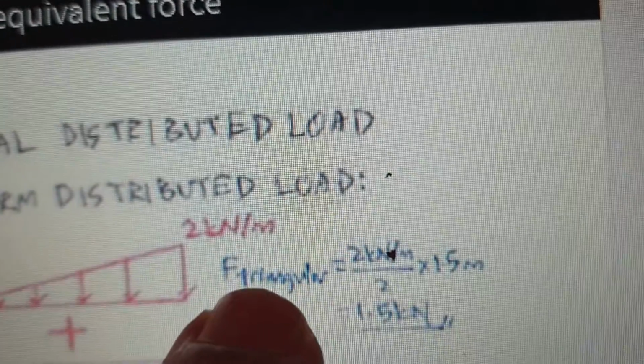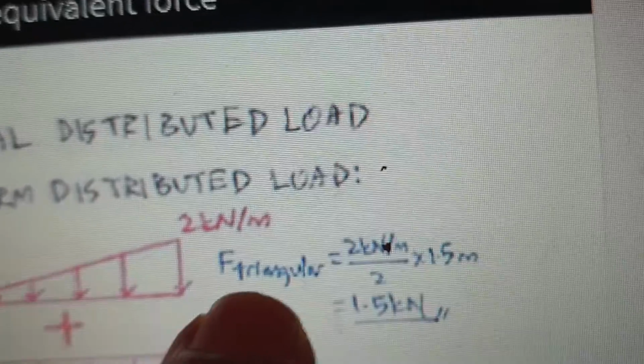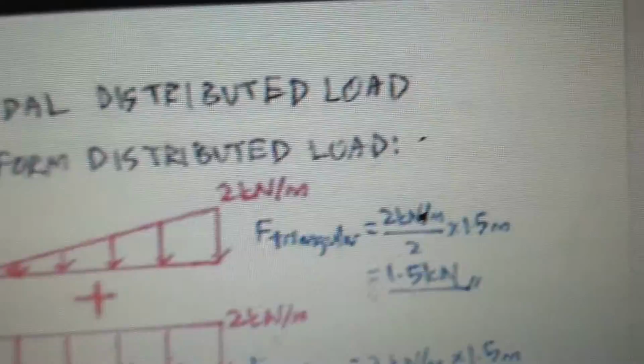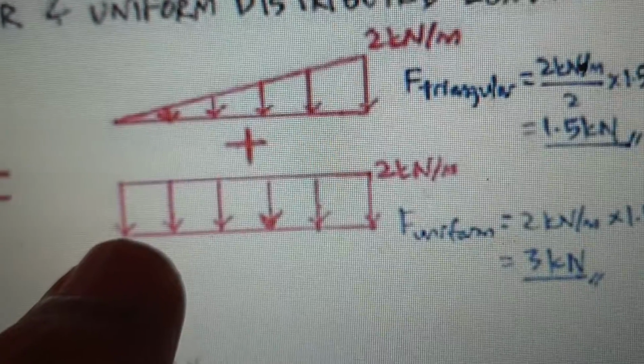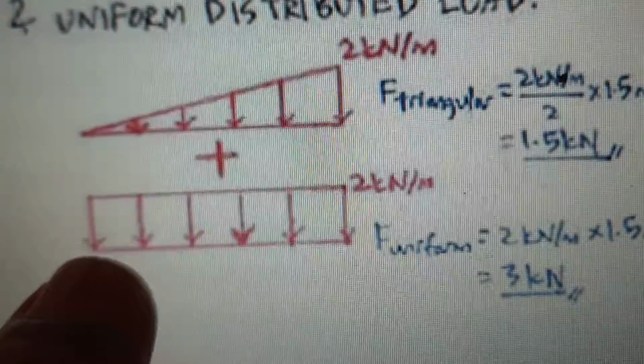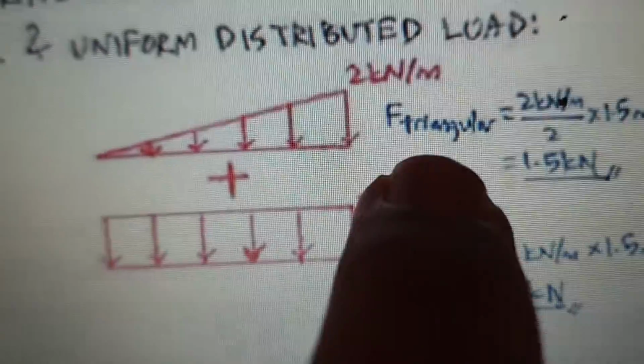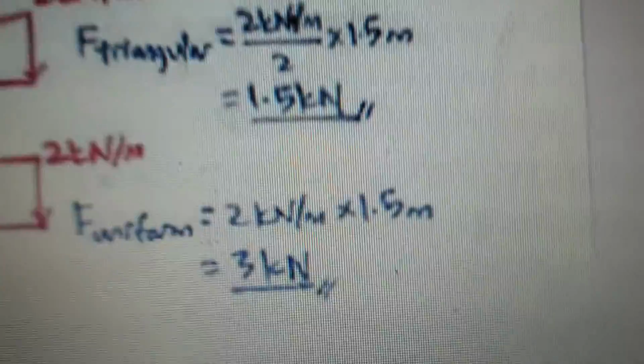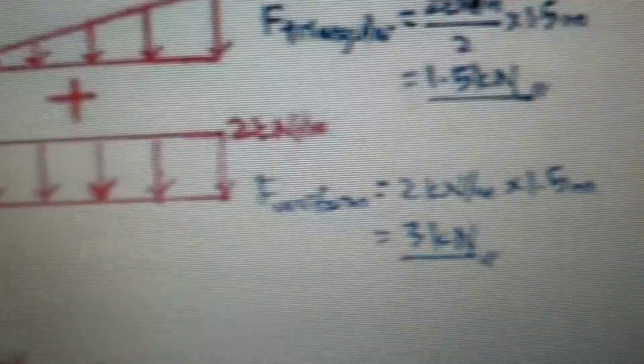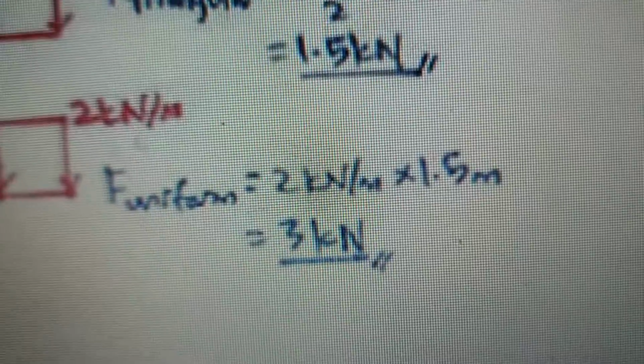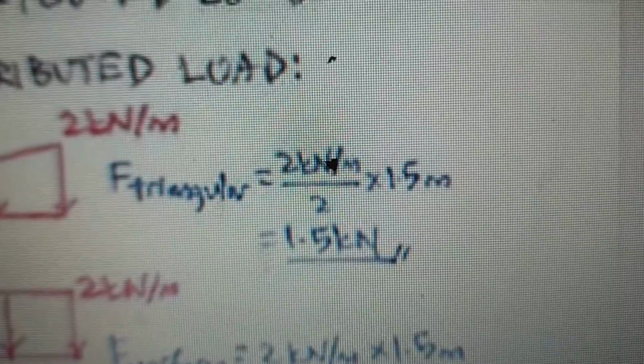That is the equivalent force of the triangle, which is 1.5 kilonewton. For the rectangle, it's not 1/2 base times height. It is 2 times 1.5, that's 3 kilonewton. So we find the resultant for the rectangle, and we find the resultant for the triangle.